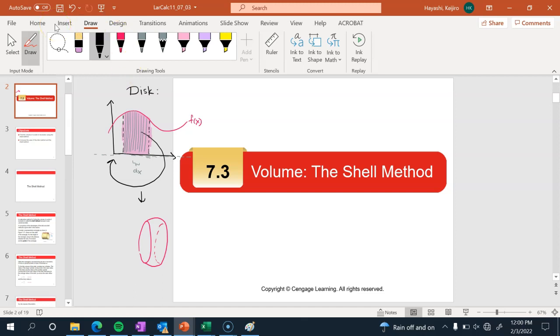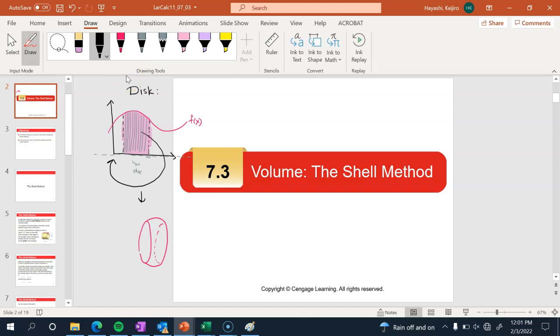Now, there are situations in which doing an integration dx would be bad, or at least not as good as some alternative.